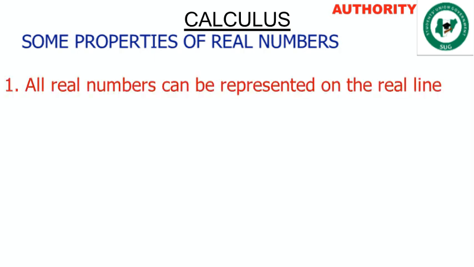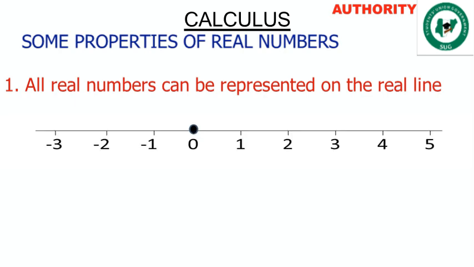Number one is this. All real numbers can be represented on the real line. That is to say, in a number line, you understand what we mean by number line? Look at it. You see something like this. This is called a number line or real line.